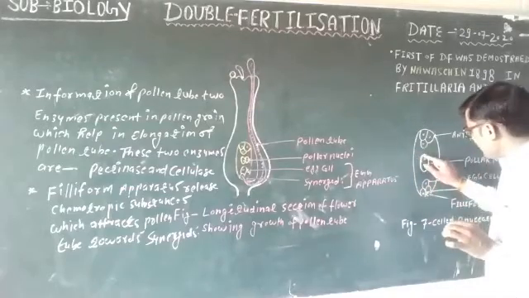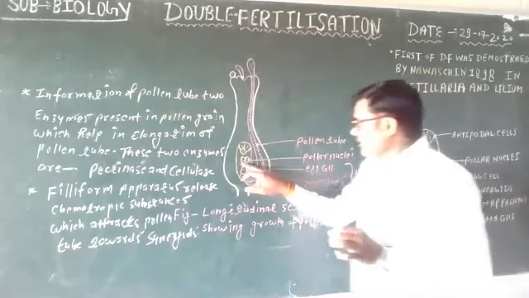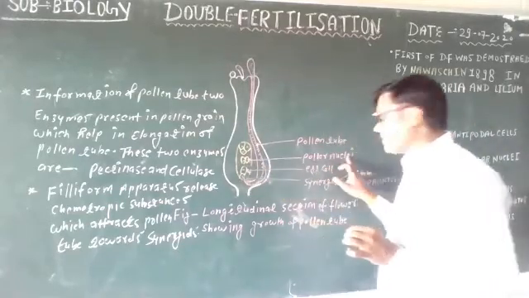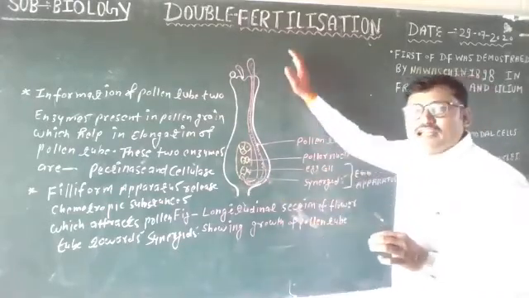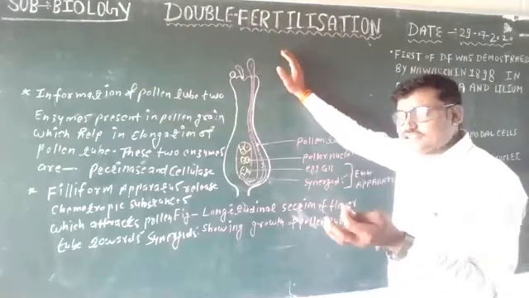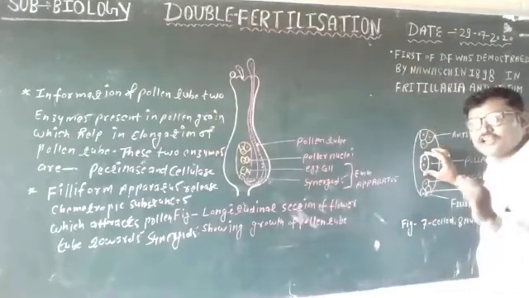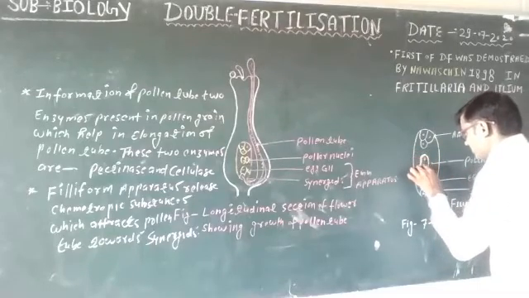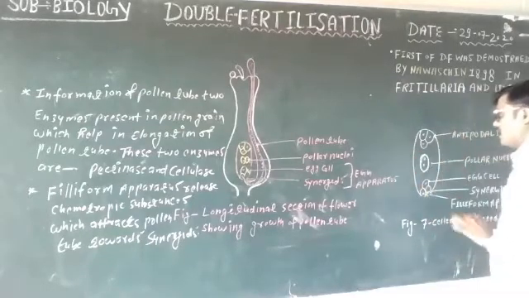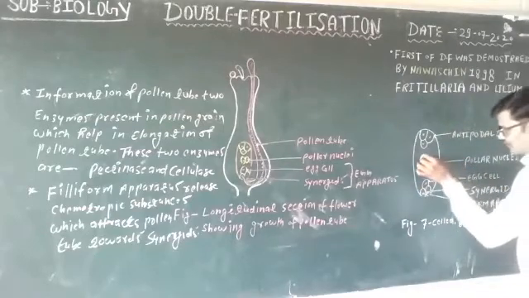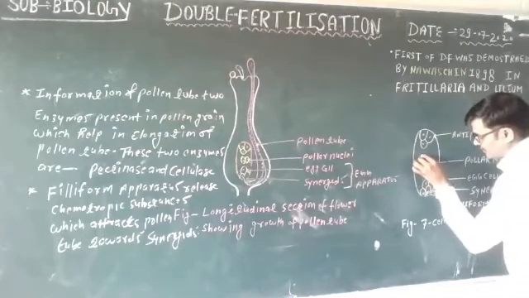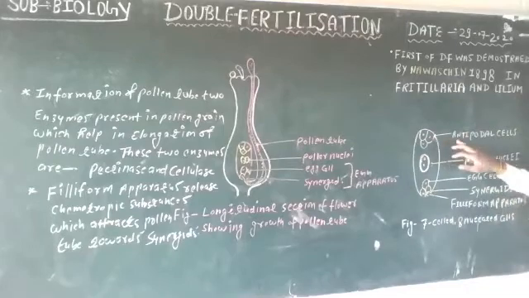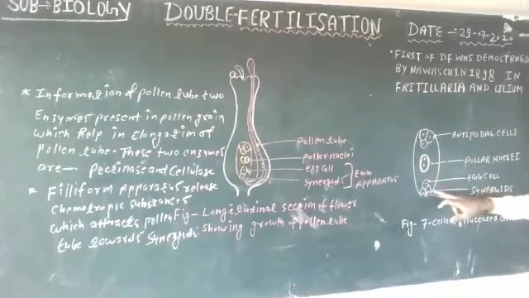Why two nuclei in one cell? Because before fertilization, the polar nuclei fuse to each other in one cell. These are the two polar nuclei, and this is the antipodal cells. This is the egg cell and synergids with the filiform apparatus.